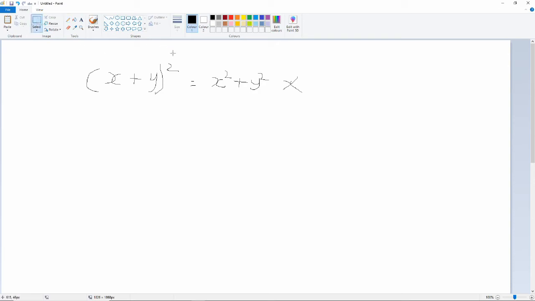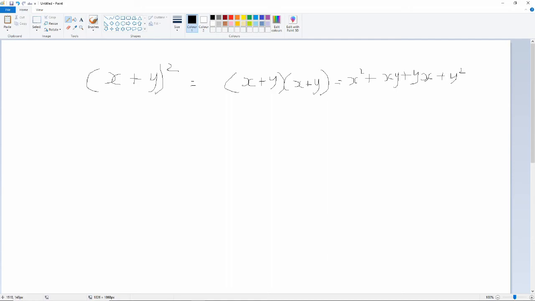So how do we do it? Well, x plus y all squared is the same as x plus y times x plus y, which is equal to x times x plus x times y plus y times x plus y times y.